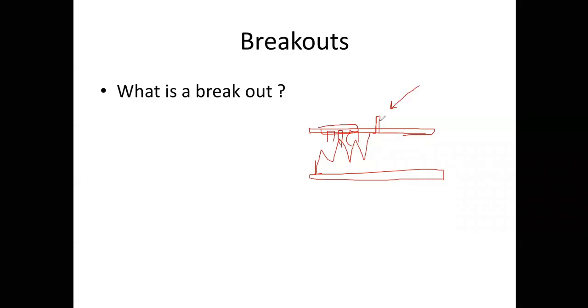So what happens is now there are probabilities, right? The probabilities are that if this is a 30-minute time frame, or let's say a 1 hour time frame, the probability of this move to continue up is higher than the probability of it moving down.